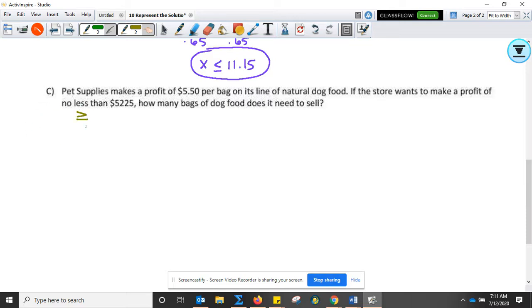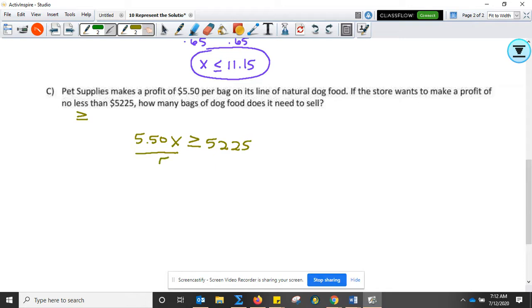So refer back to your table if you want to. So $5.50 per bag, so 5.50x is greater than or equal to 5,225. Okay, so now solve that. We need to get x by itself.